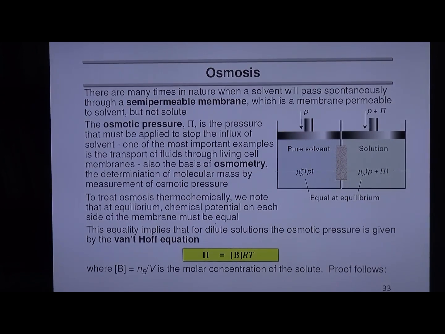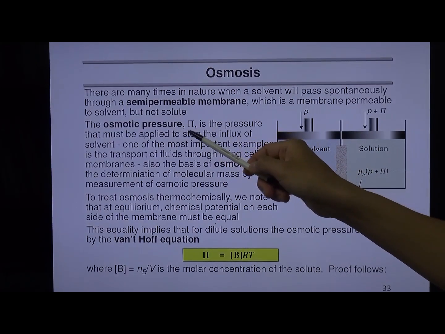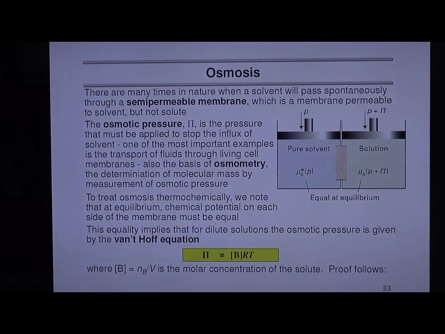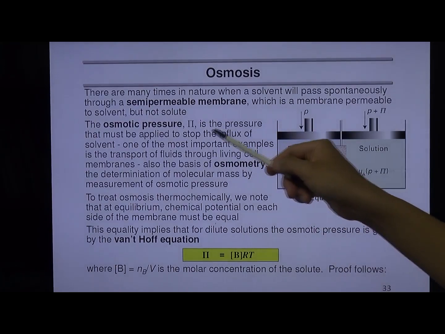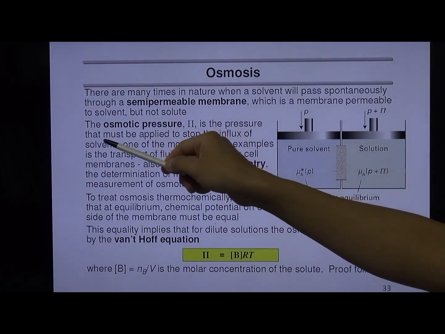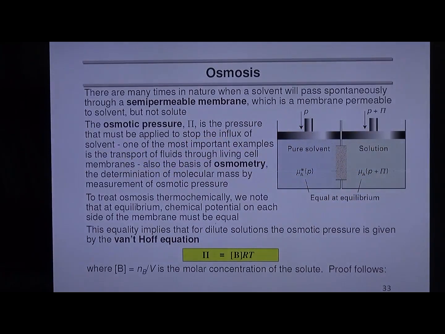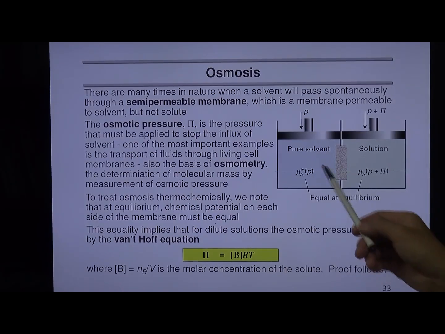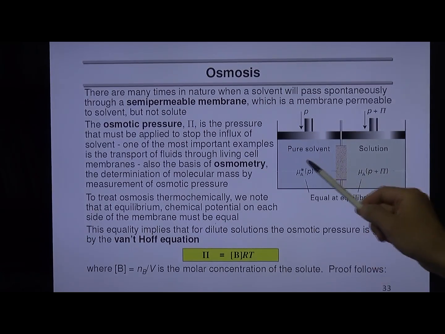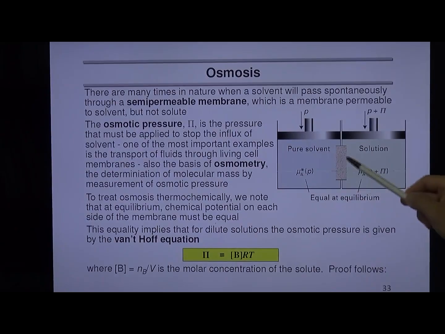In this case, osmotic pressure is defined. Osmotic pressure, denoted as the Greek letter pi, is defined as the pressure that must be applied to stop the influx of solvent. In this situation, these solvent molecules will try to move to the right.